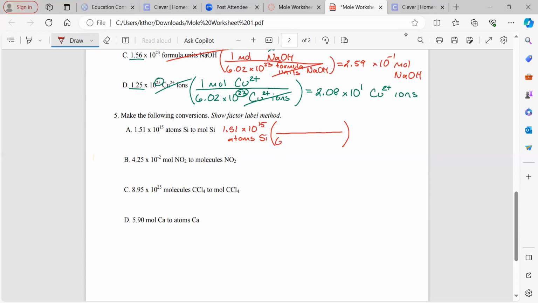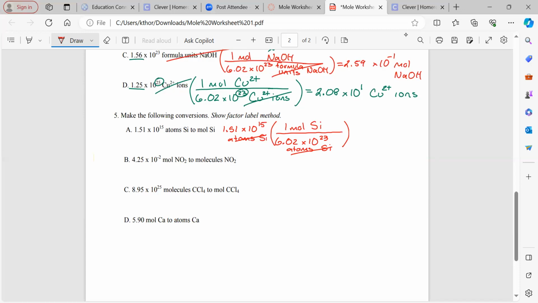We're going to put Avogadro's number on the bottom. We'll put 1 mole of silicone on top. Atoms of silicone cancels out. This is a division problem. 1.51 divided by 6.02.